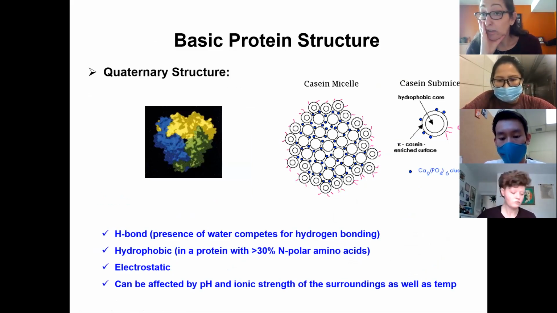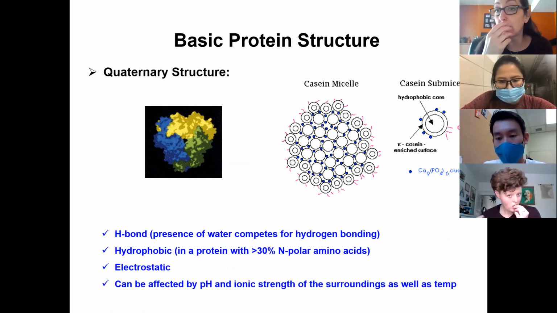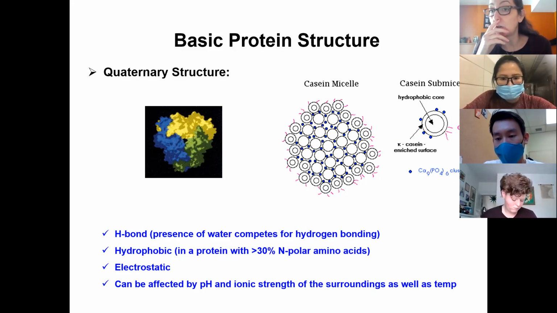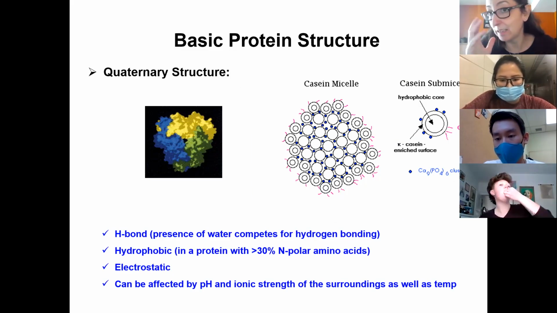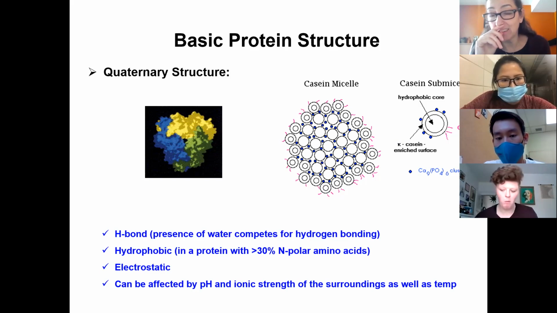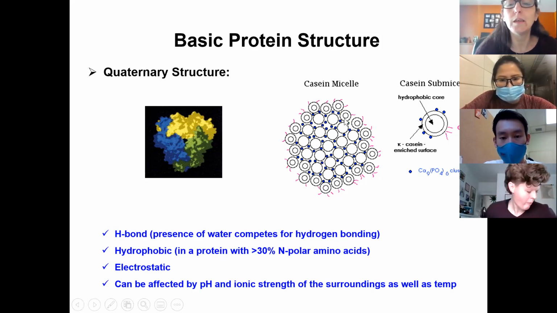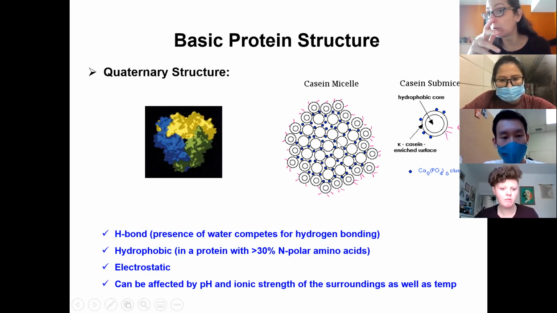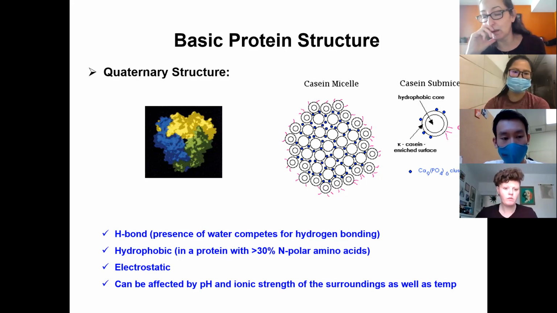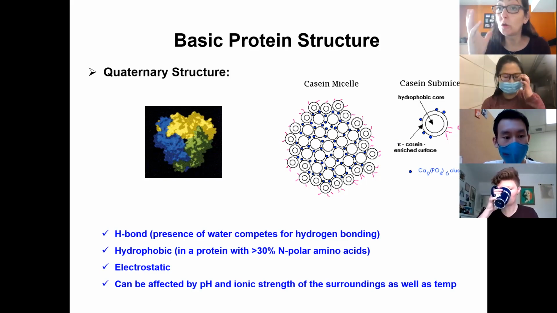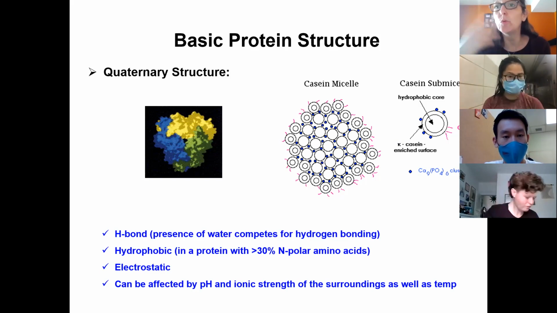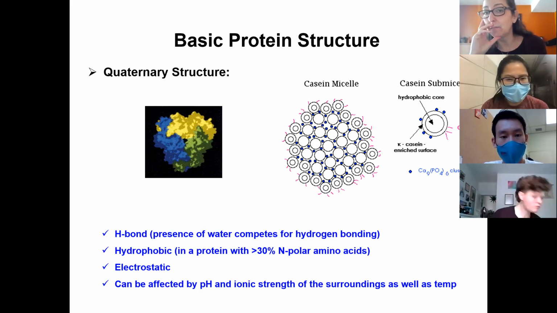So the protein structure doesn't end with secondary structure, or tertiary structure. Some of the proteins are stabilized in a quaternary structure. The most classic example is your casein micelle. If you look at the casein micelle, this is a kind of a model. Later on, when we talk about dairy proteins, I'll show you the newer models of the casein micelle.